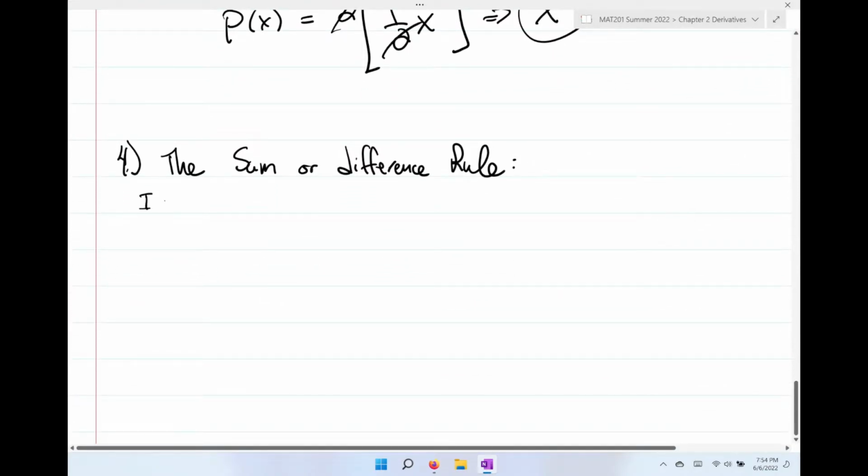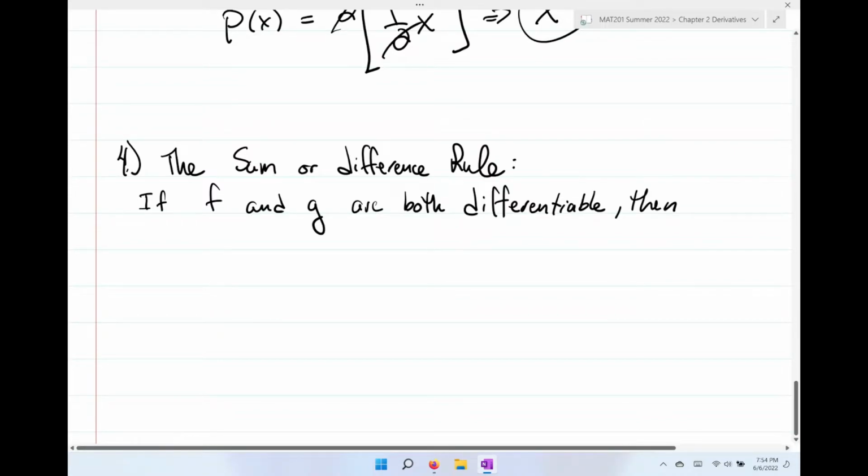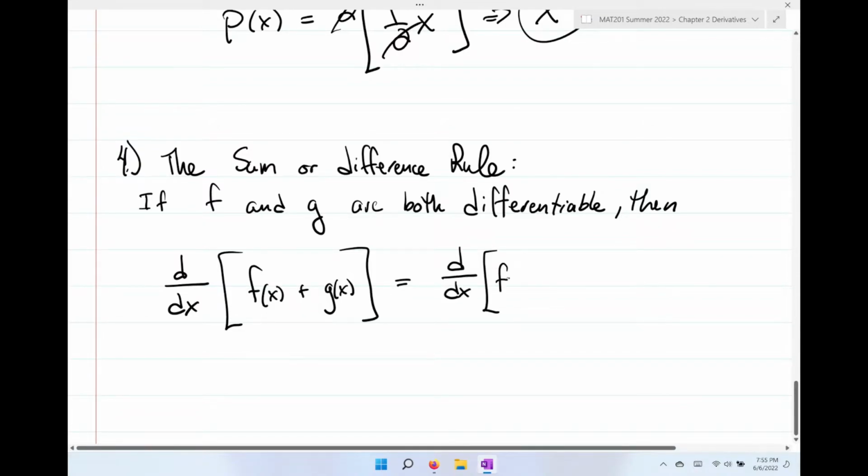If f and g are both differentiable, then the derivative of f of x plus g of x is going to equal the derivative of f of x plus the derivative of g of x.